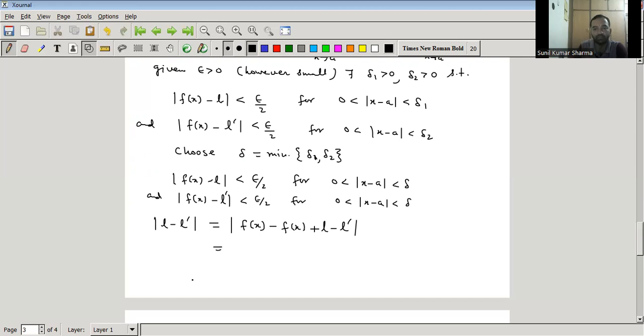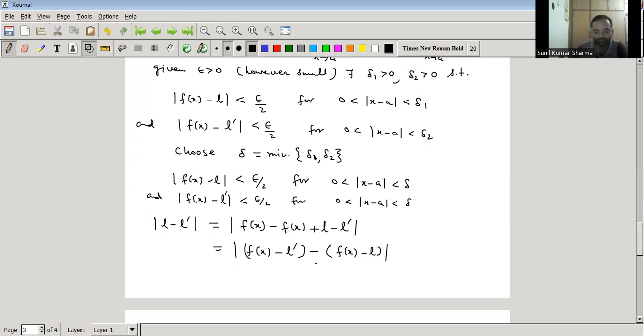We add something, we use that concept. So we can also write this as f(x) minus L dash plus or minus f(x) minus L.